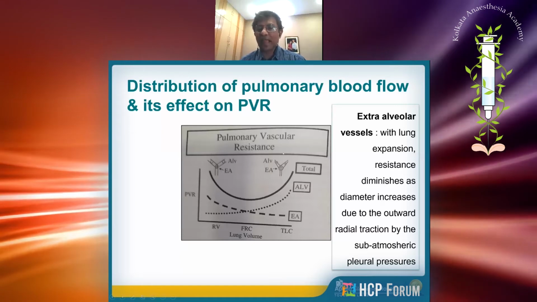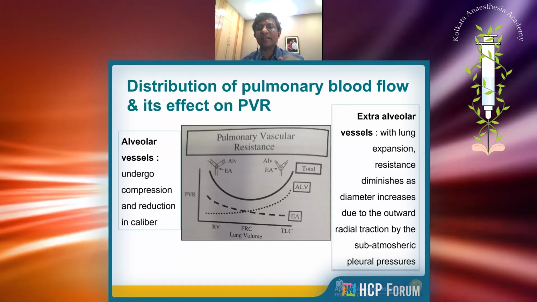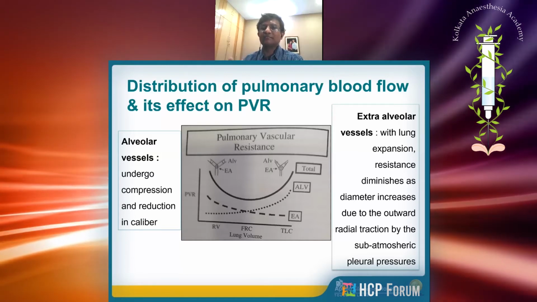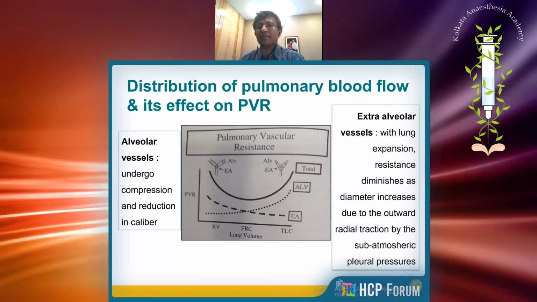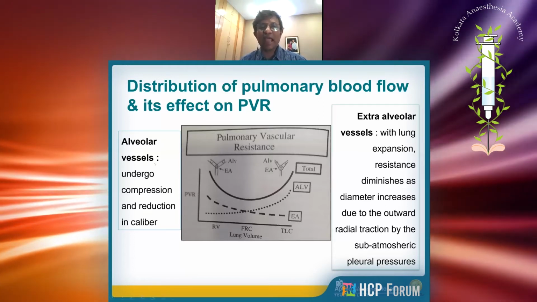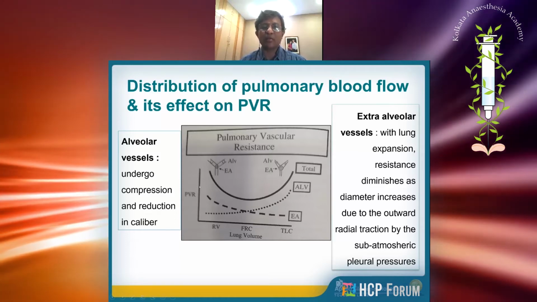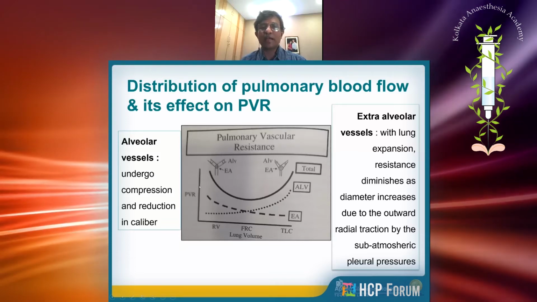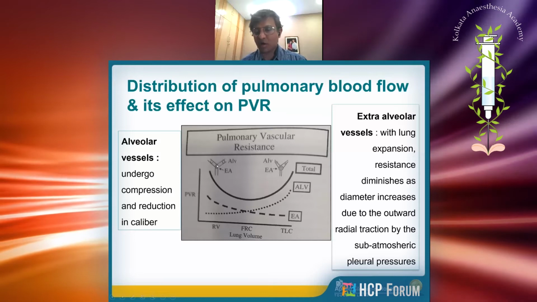But what happens to the alveolar vessels? The alveolar vessels get compressed, with a reduction in caliber as it goes towards total lung capacity, and therefore the resistance of the alveolar vessels is the highest. It will be just the opposite when going towards residual volume. You will find the alveolar vessels are more stretched while the extra-alveolar vessels are getting constricted.